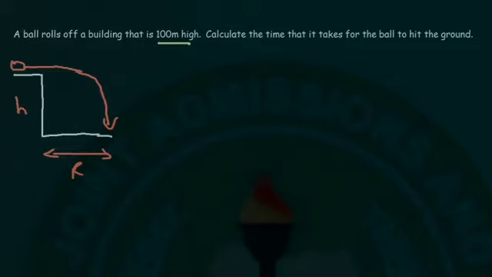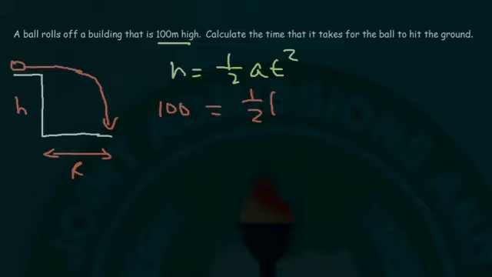The equation that has height and time for this particular scenario is h is equal to 1/2 a t squared, which we covered already. The height is 100 meters, and acceleration in the y direction, we're only going to use a positive 9.8, but if you wish to use negative 9.8, make sure you use negative 100, because the displacement in the y direction is negative 100.